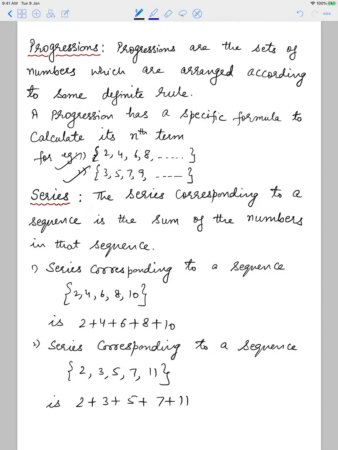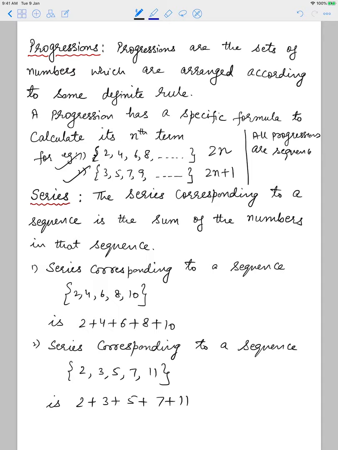As I have explained earlier, the formula assigned here is 2n, here it is 2n plus 1. You can find any term by using these formulas. So in short, can I say that all progressions are sequences? Okay?